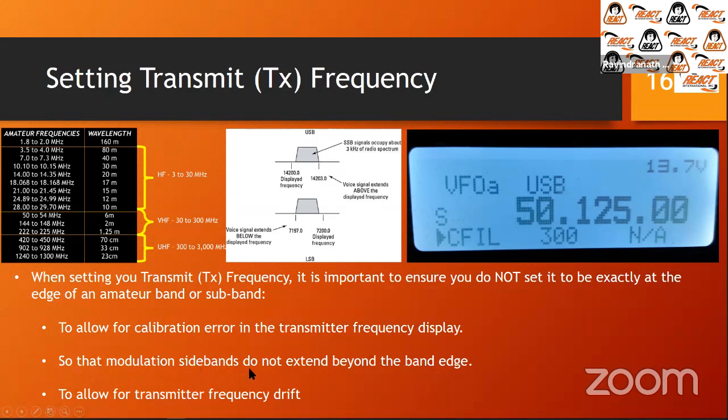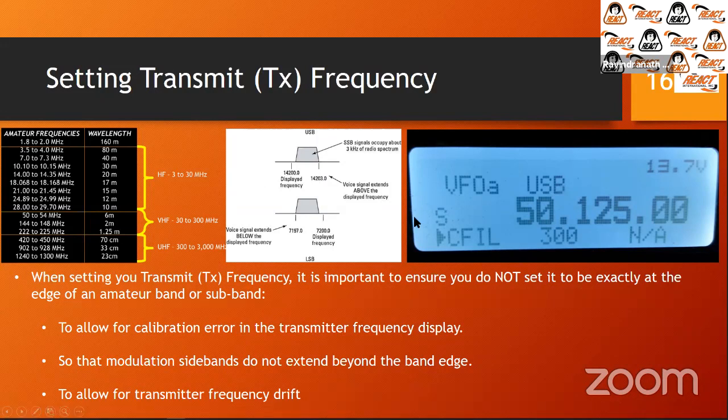Also, so that the modulation sidebands do not extend beyond the band edge. This is exactly what we were talking about here. If you are at the band edge and you transmit, your upper sideband or your lower sideband might go out of the band, all right? So probably for the next class, I'll try to get the correct slide here to illustrate that. But the concepts are the same. You don't want to go above or below the band that you are licensed to. The last reason is to allow for transmitter frequency drift.